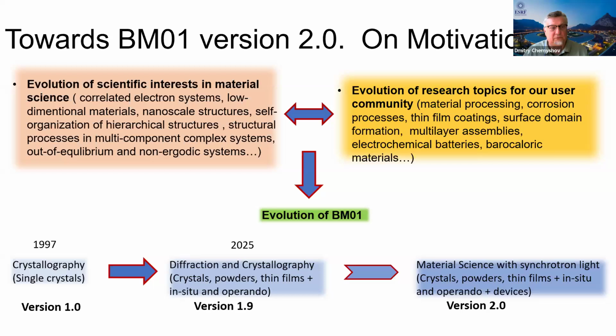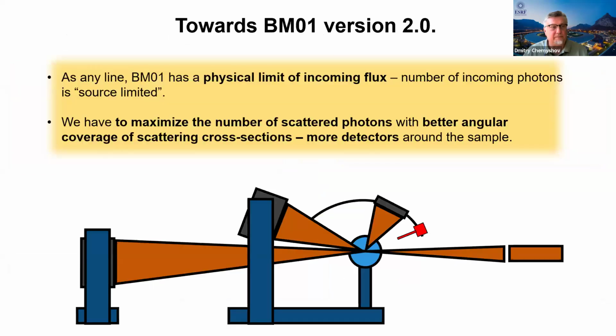But I want to mention one thing. At any beamline, we have a physical limit of incoming flux. After the upgrade of the SLS, we actually have enough flux to study radiation damage. But what we can increase then is the number of scattered photons we collect. Most of the scattered photons are absorbed by the walls of our hatches.